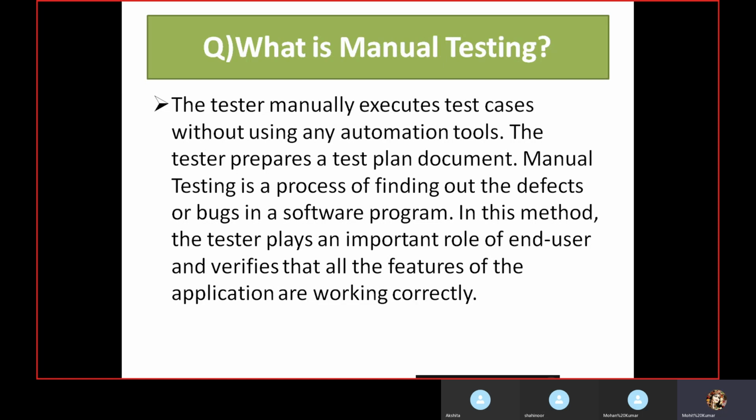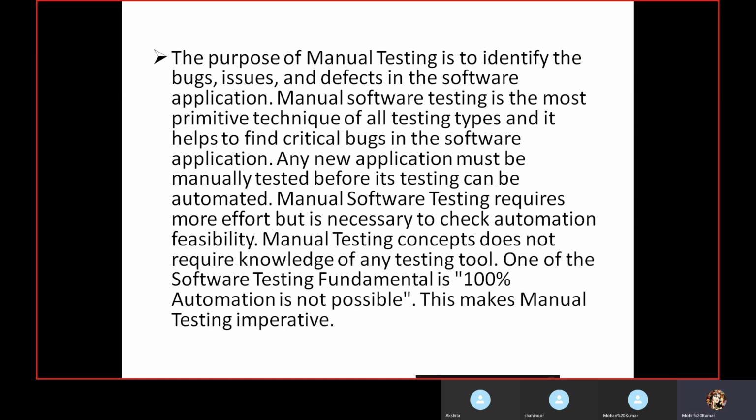The tester plays an important role as the end user and verifies that all the features of the application are working correctly, right? I have documented the same thing here.